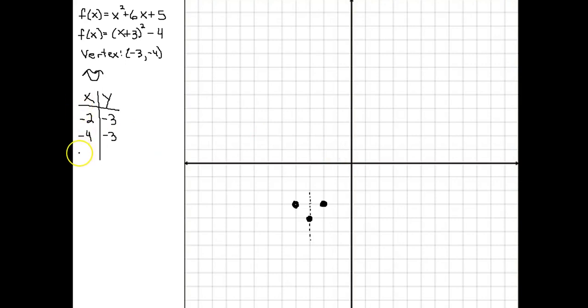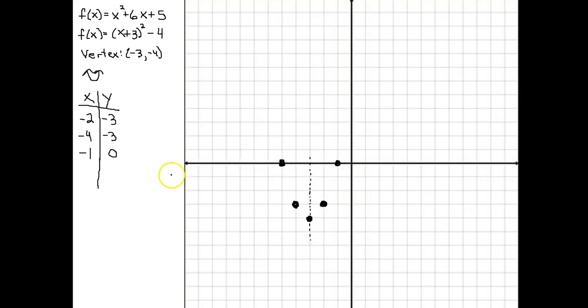Okay, plug in -1 for x. -1 plus 3 is 2. 2 squared is 4. 4 minus 4 is 0. Ooh, x-intercept. I know -1, 0 is an x-intercept. This invisible line of symmetry, that was 2 to the right, so then from there go 2 to the left.